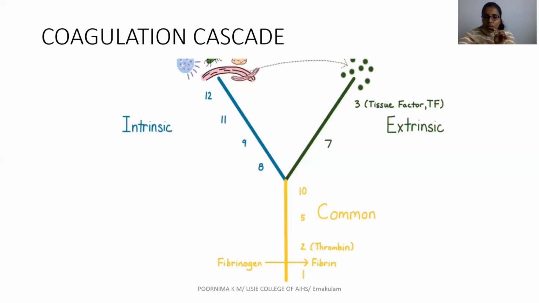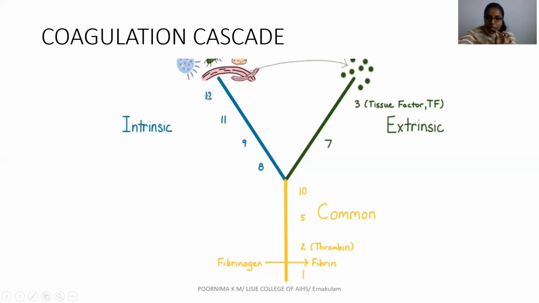As the platelet has released its granular content, it causes formation of a negative charge over the platelet plug. This negative charge causes activation of certain factors involved in the intrinsic pathway, which are called contact activation factors. The negative charge present on the platelet membrane causes activation of factor 12.